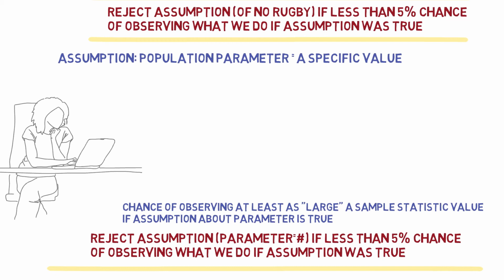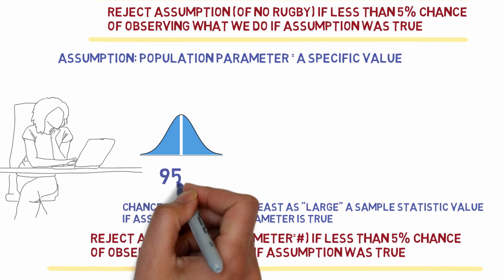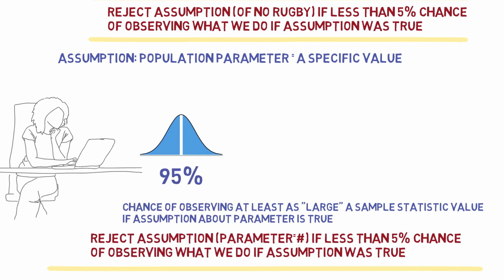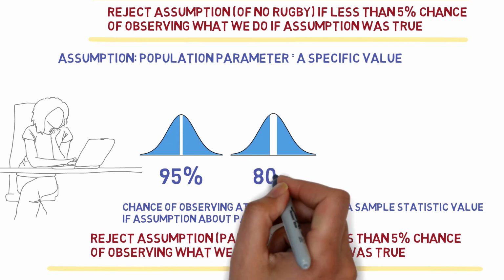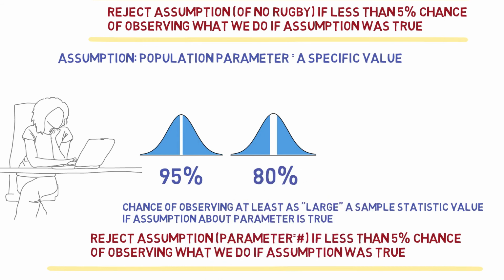So just like we considered 4 different scenarios with the father and the daughter, suppose we had 4 different samples. In the first sample, we have a sample statistic close to the population parameter. That might seem very likely to occur if the population parameter is true. Maybe in a second sample, the sample statistic's a little further away, but it's still reasonably likely, maybe 80%. In a third sample, that sample statistic is even further away from our hypothesized value.